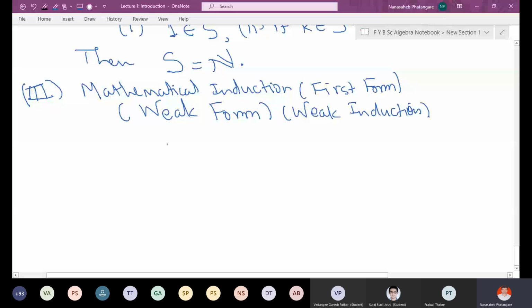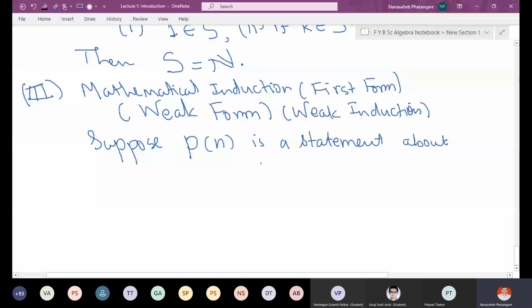So how does induction work? Suppose Pn is a statement about natural numbers, right? So Pn is a statement about natural numbers.